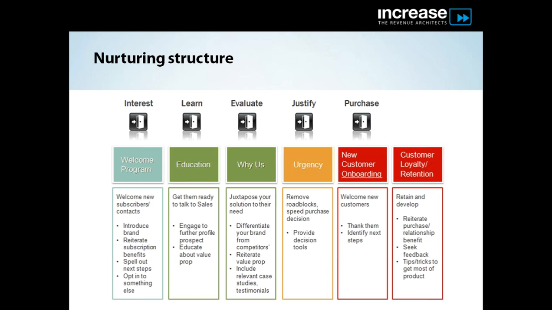So we move them into an accelerator flow. And it's designed to, well, add a little urgency to get them moving further in their buying process. We could provide some decision tools that make it easier for them to make a decision on which product to buy. Of course, we have to remove whatever roadblocks there may be for a decision.